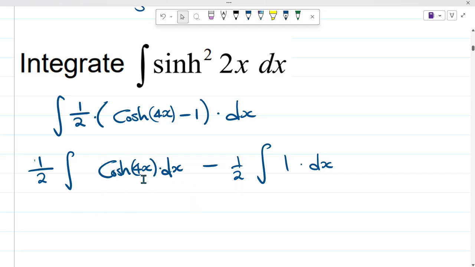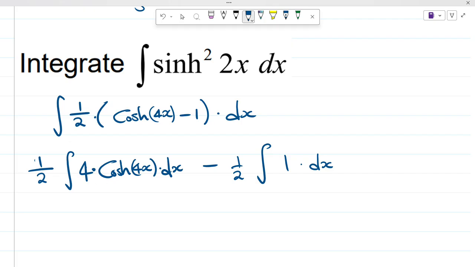So now we need to integrate this one. What we need to first make sure is that next to this hyperbolic function we have the derivative of our angle. So this angle is 4x. When we differentiate 4x with respect to x, what do we get? We get 4. So I'm going to put that 4 because it's supposed to be there for our rule to work, for us to be able to apply that rule.